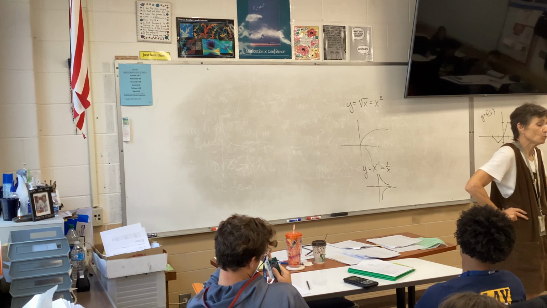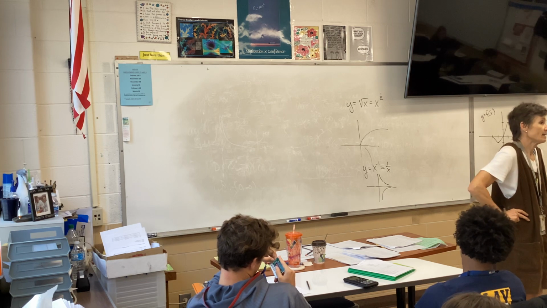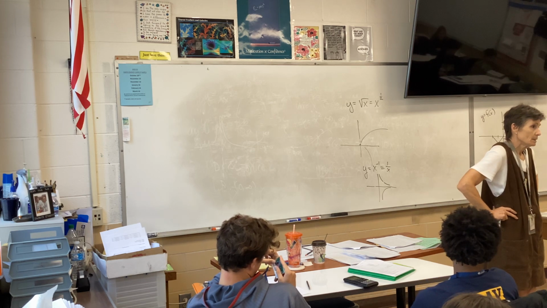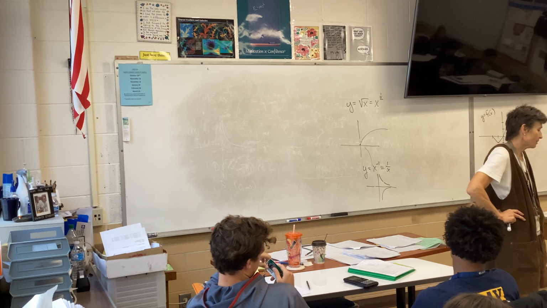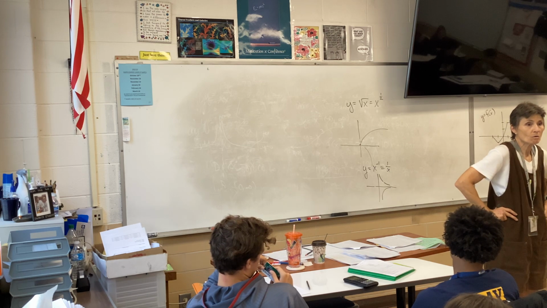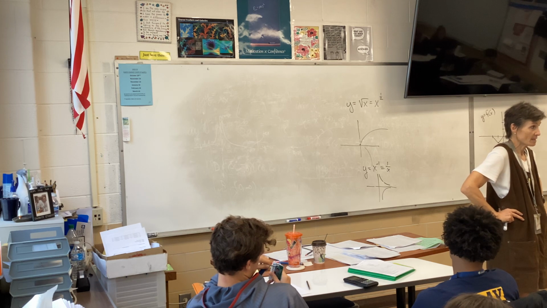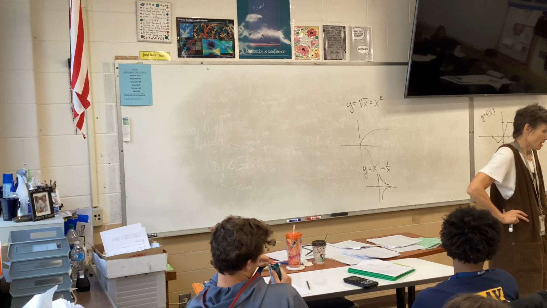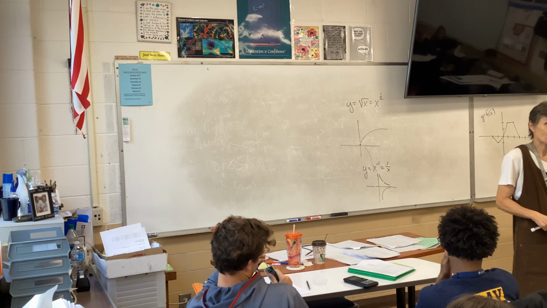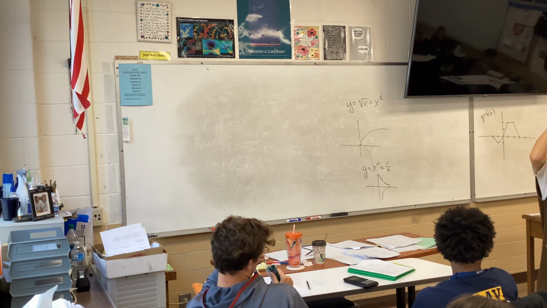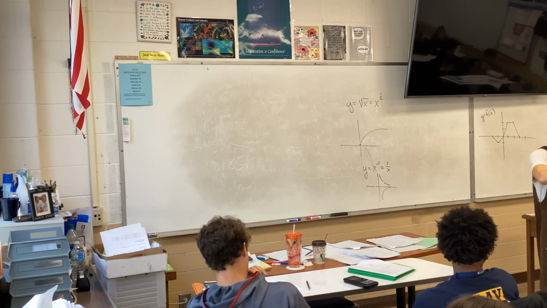I'm driving to school. If I drive to school at 30 miles an hour, it takes me a certain amount of time to get here. And then if I drive home at 40 miles an hour, it takes me less time. As my speed goes up, the time it takes goes down.